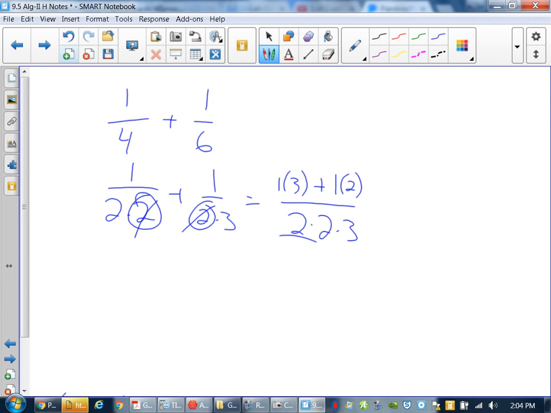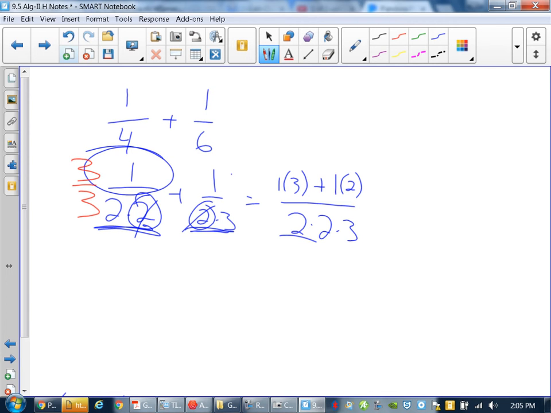So the 3 is going with which one of them on that one? Because the denominator doesn't have a 3. Whereas this one has 1 2 1 3, it needs a 2. Because what you're doing is you're multiplying each portion of those fractions by some factor of 1. I'm multiplying the top and bottom by 3 over 3, which is 1.